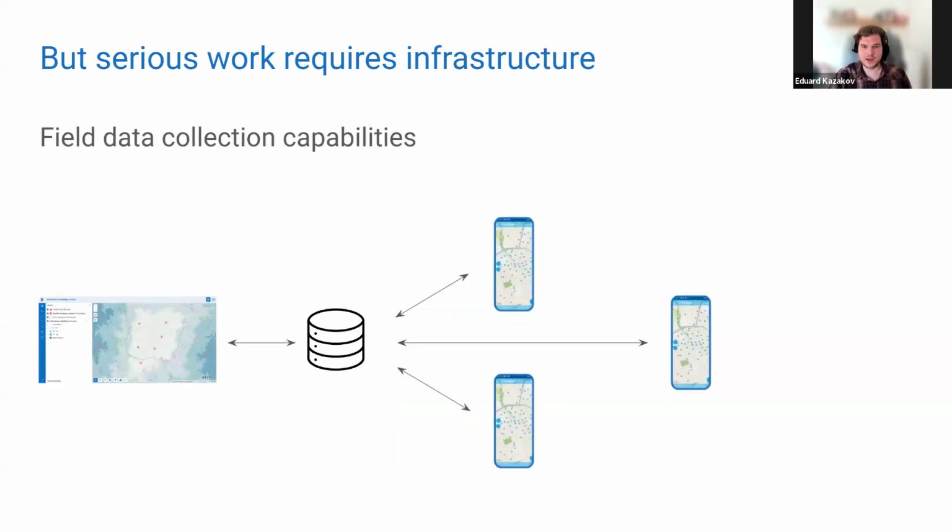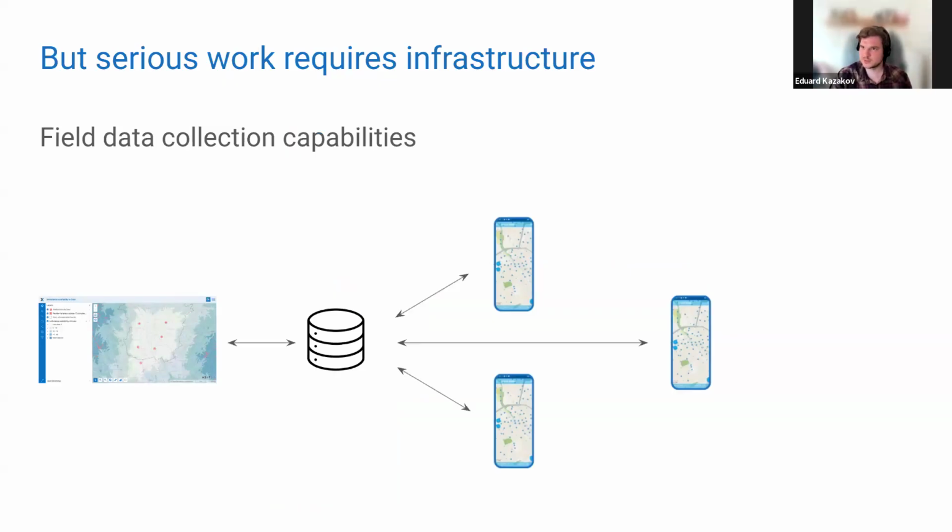And also, if you have some kind of field work, data collection, you need capabilities to collect the data in the field without manually transferring photos and notes from a mobile phone to GIS, which is quite painful.